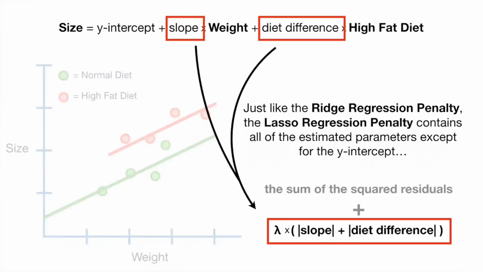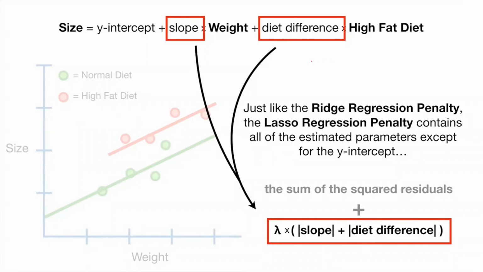Now, what happens is that whenever we introduce a ridge and a lasso penalty, both, it basically estimates the parameter except for the y-intercept. So ridge regression and lasso regression both basically work for anything apart from the y-intercept, right?